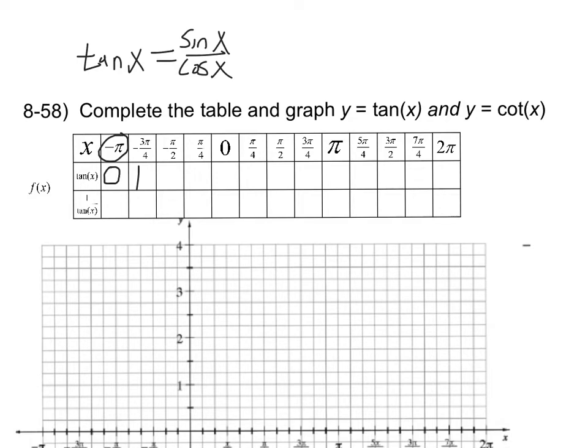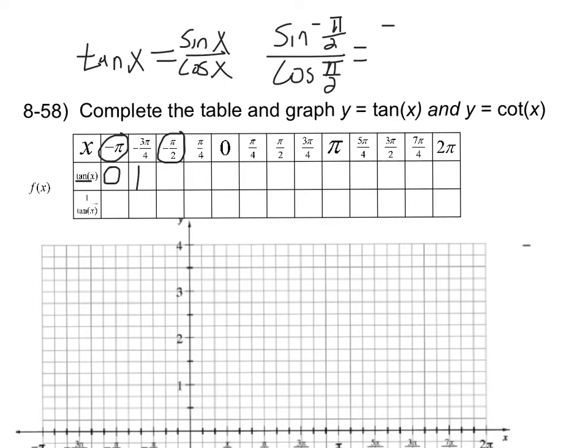And if I take the tangent of a negative pi over 2, well, that's really saying, I'm going to write this one out, the sine of a negative pi over 2 divided by the cosine of pi over 2.